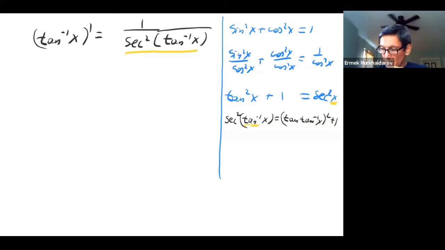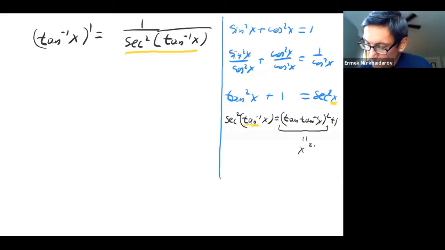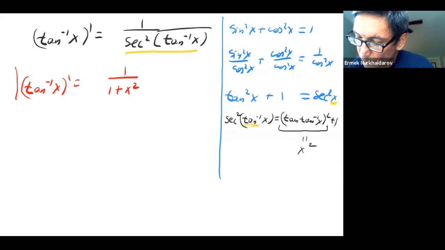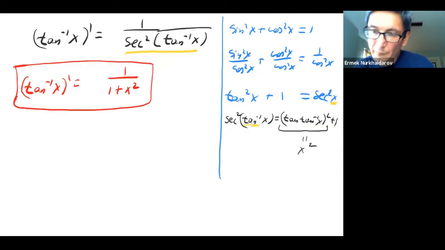The good thing about this expression is that it is x, because of the square, it is x squared. So what is happening at the end is the following. The derivative of tangent inverse x is 1 over 1 plus x squared. Nice formula for the derivative of tangent inverse.